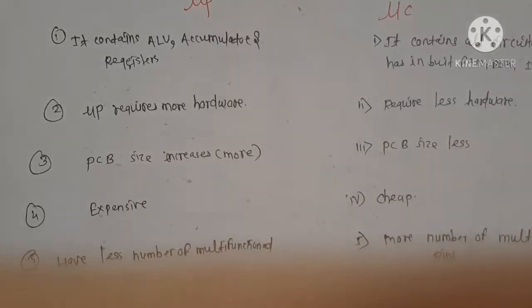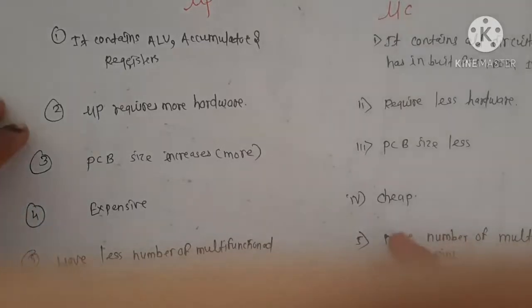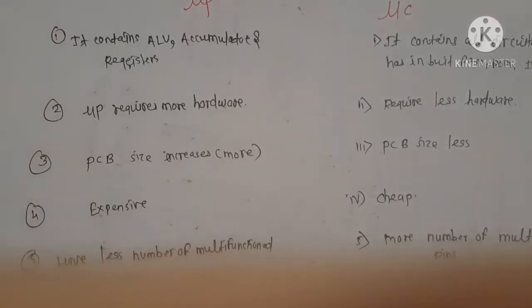That's why the microcontroller is mostly used. There are different types of microcontroller, but in this subject we have to study the 8051 microcontroller. In the next lecture we will see the different microcontroller families and the features of that family. Thank you.